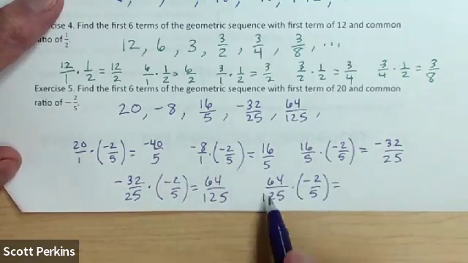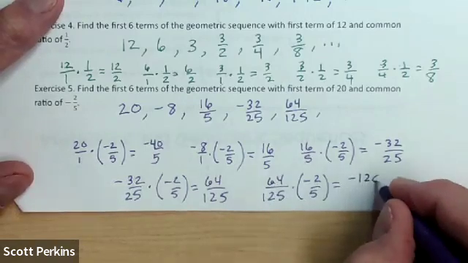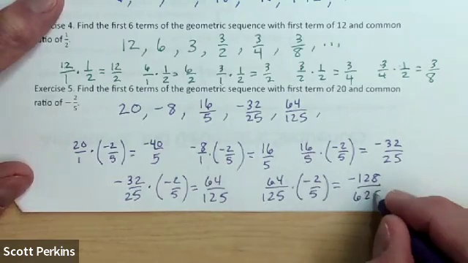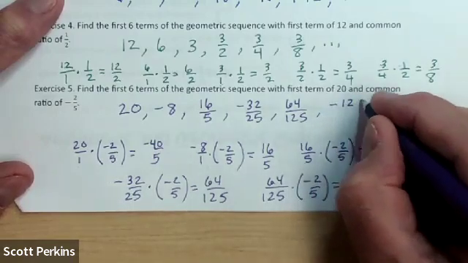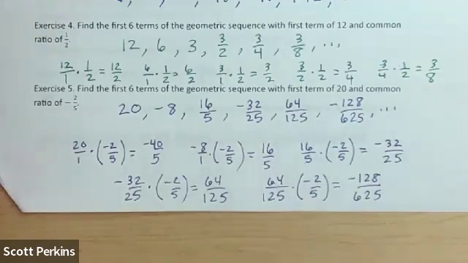Tops and bottoms, 64 times negative 2 is negative 128. And then 125 times 5 is 625. So we've got negative 128 over 625. And again, you can do that as many times as you want, but we are going to be good with 6 times.